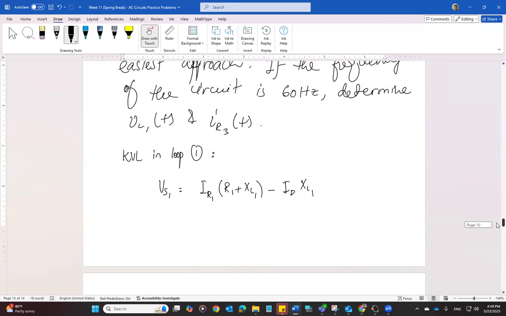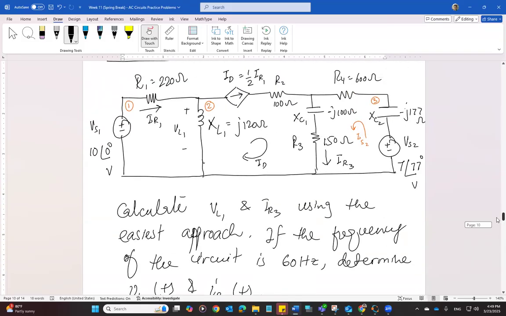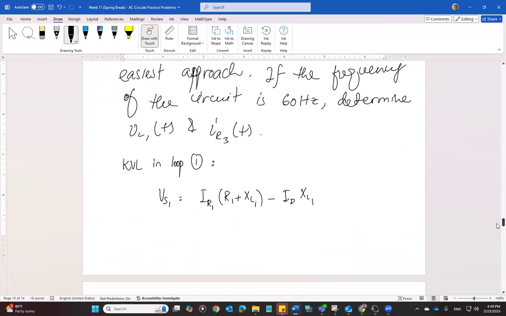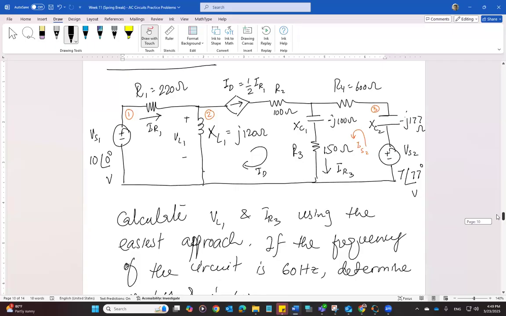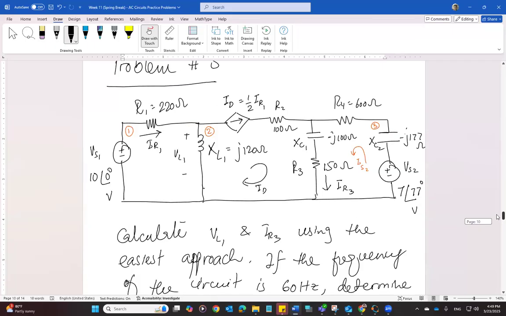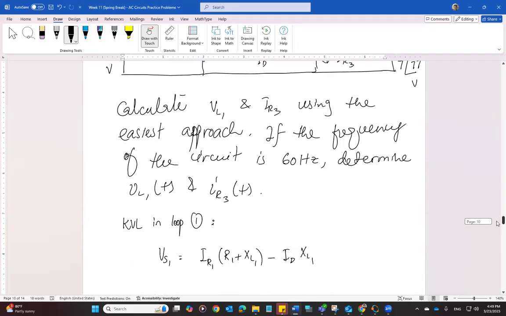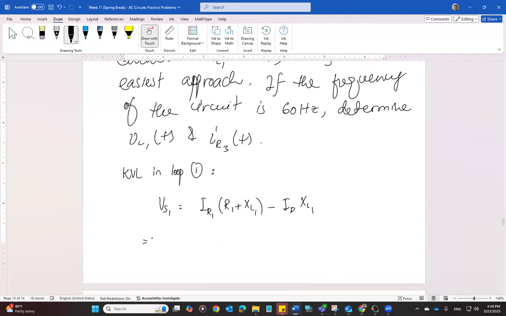From which ID is half times IR1. So actually I can find the IR1 value from here without setting up linear equations and solving them simultaneously, because ID is half times IR1. So VS1 is equal to IR1 times R1 plus XL1, minus half times IR1 times XL.